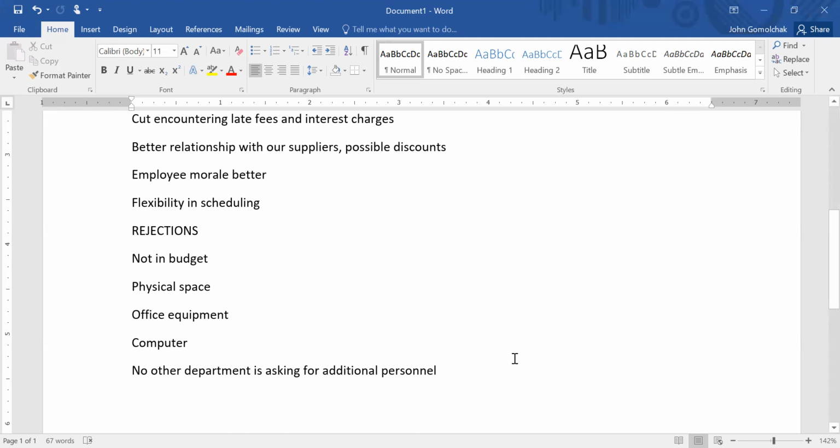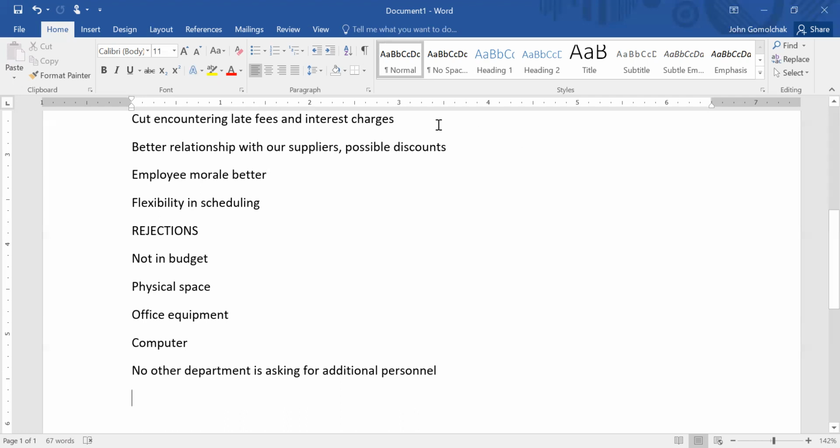You may argue that also no other department is currently asking for increased personnel. That may be true at this time, but I do know that over the past 10 years the accounts receivable department has actually grown by 2 employees, and that the general accounting department has added an additional accountant and an assistant controller.